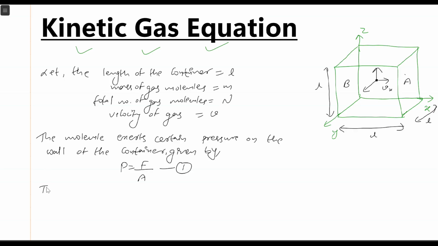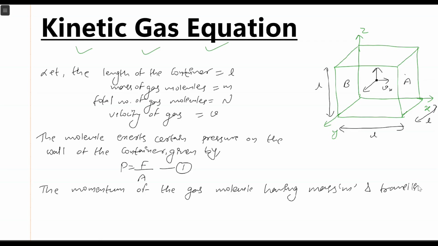So the momentum of the gas molecule having mass m and traveling in the x direction with velocity vx is p equal to what? mvx, right? So this is the value of the momentum.